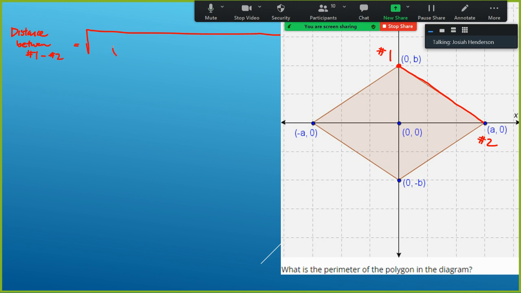But we're going to use our formula the same way we've been using it. Okay, I'm going to label. So point number 1, the x is 0 and the y is b. Point number 2, the x is a and the y is 0. So x minus x, 0 minus a.